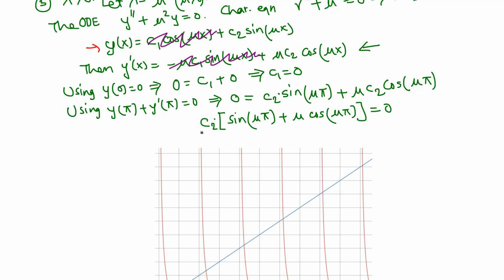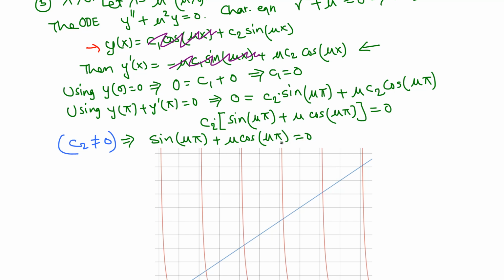If we take c2 = 0, then we get the trivial solution, but this expression can be 0 at certain places. So we take c2 not 0, that implies this is 0: sin(μπ) + μ cos(μπ) = 0.